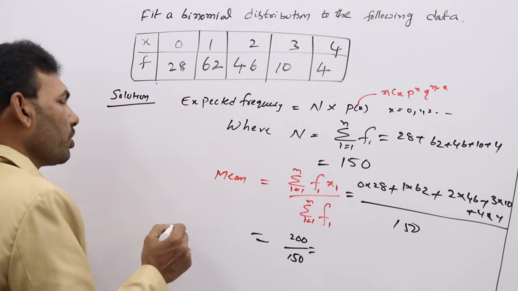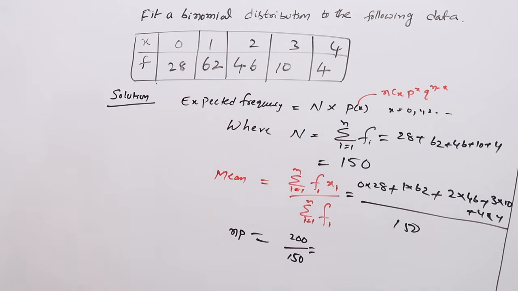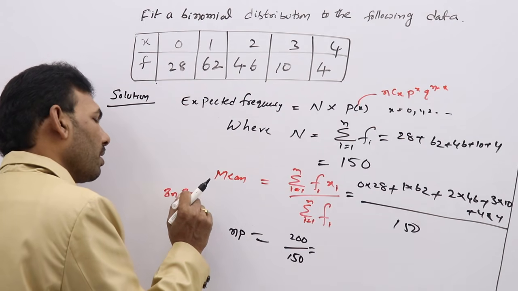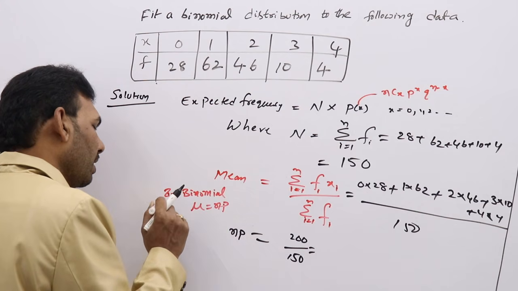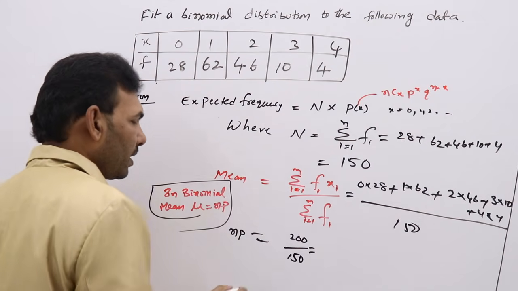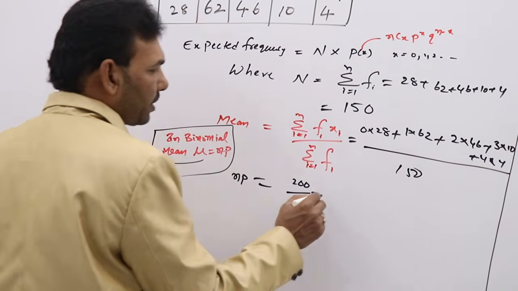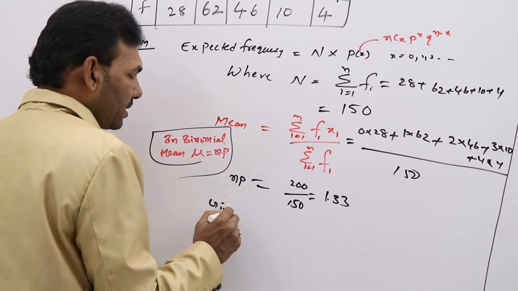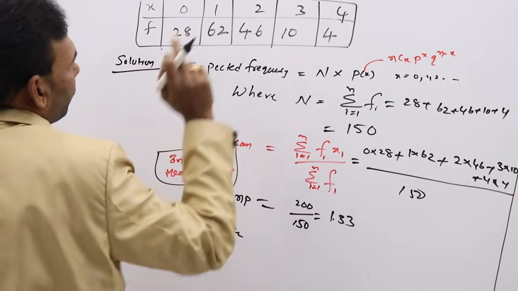In binomial distribution, we all know that mean mu equals np. So np equals 200 by 150, which gives 1.33. Now we know n. n is the count of how many values we have: 1, 2, 3, 4, 5. So n is 5.